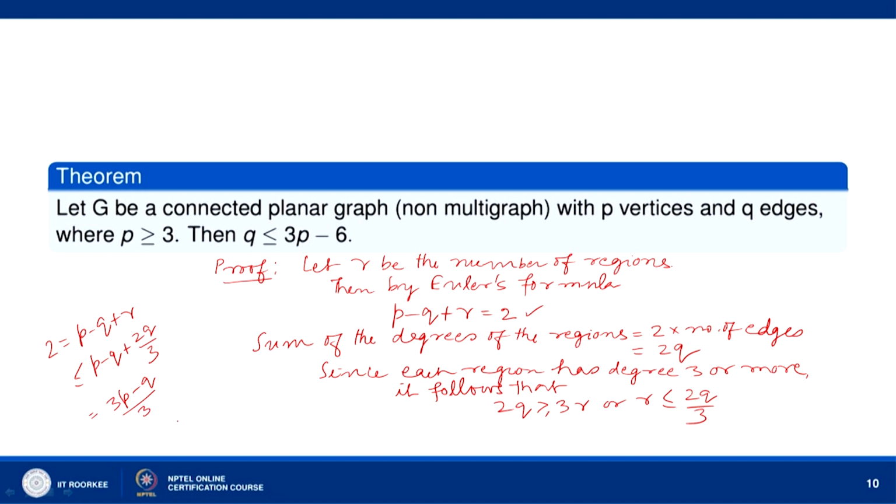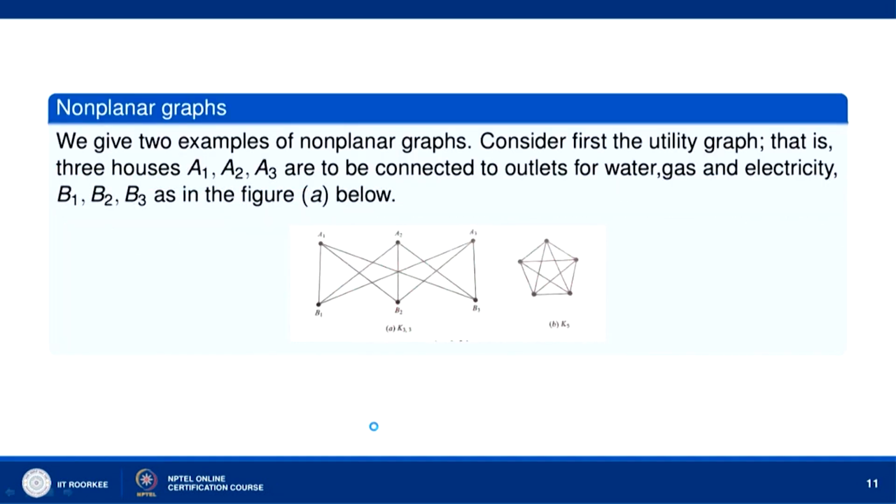So, that means 6 is less than or equal to 3P minus Q, or we can say Q is less than or equal to 3P minus 6. So, if G is a connected planar graph, not multi-graph, with P vertices and Q edges, where the number of vertices is greater than or equal to 3, then the number of edges is always less than or equal to 3P minus 6. So, this result we shall use later on. Let us consider now non-planar graphs.